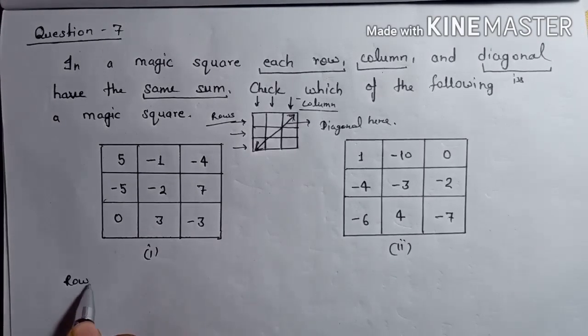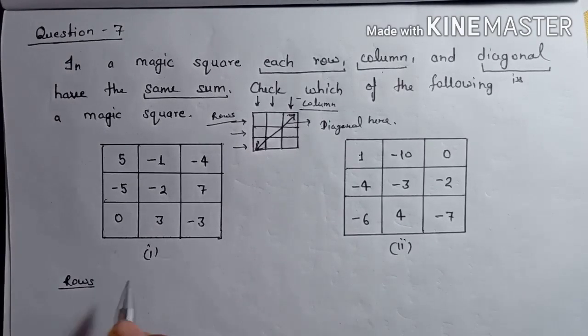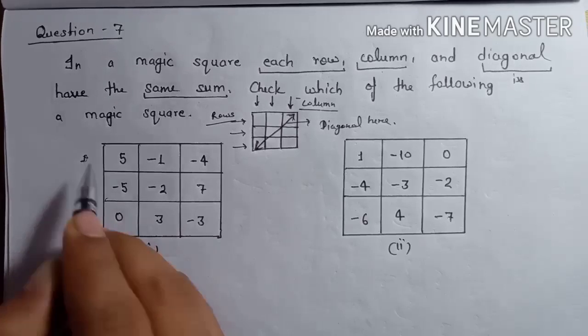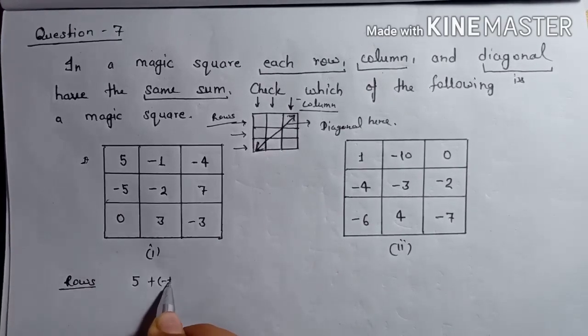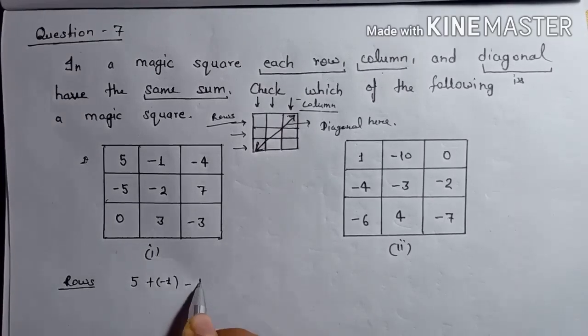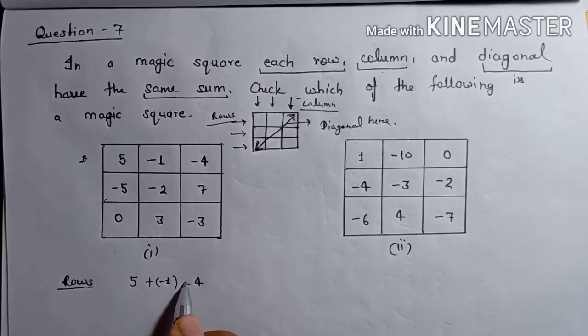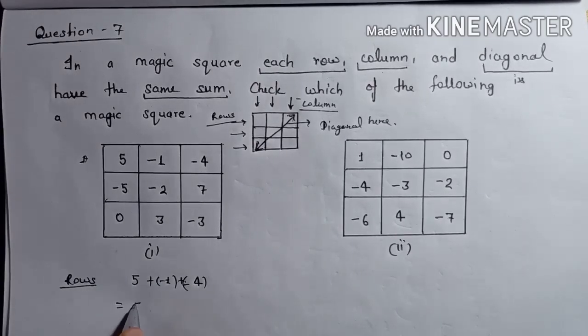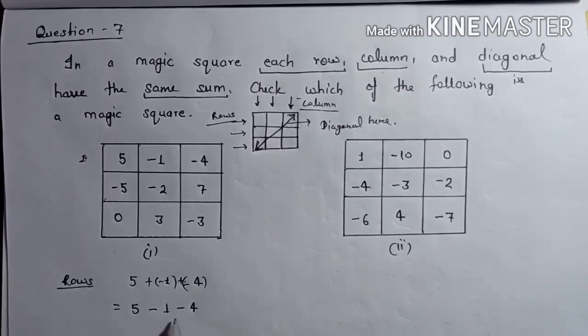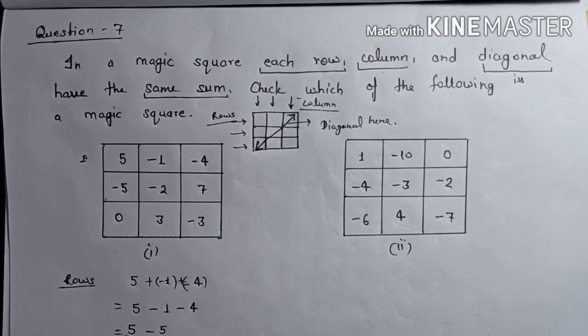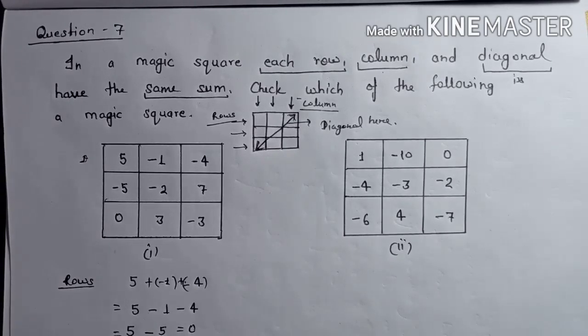So first in rows, add the first row. The answer is 5 plus minus 1 and plus minus 4. See, this will be minus 1 and again minus 4, and this minus 1 and minus 4 will be minus 5, and the answer is 0.